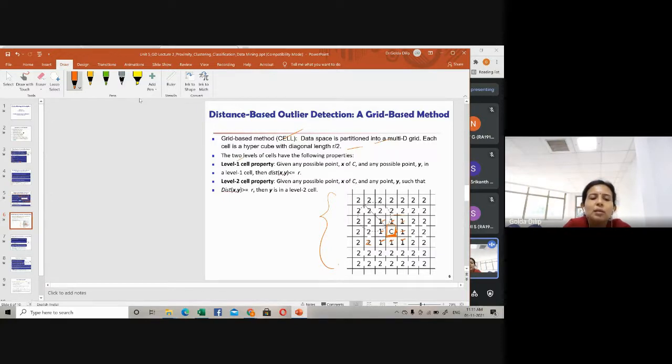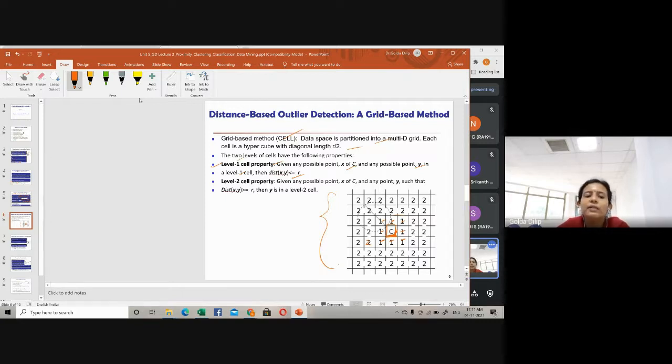Okay, so the properties are being given here for the two levels of cells. When you're considering a cell C, the neighbors are put as level 1 cells and level 2 cells. Given any possible point x in C and any possible point y in a level 1 cell, the distance of x comma y will be less than or equal to r, as far as the level 1 cell property is concerned.